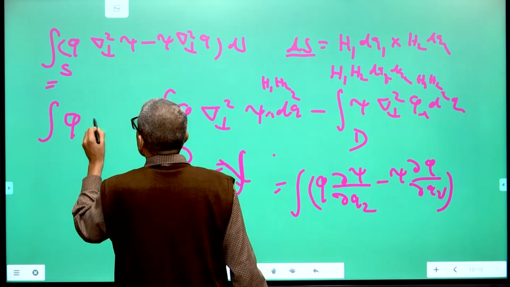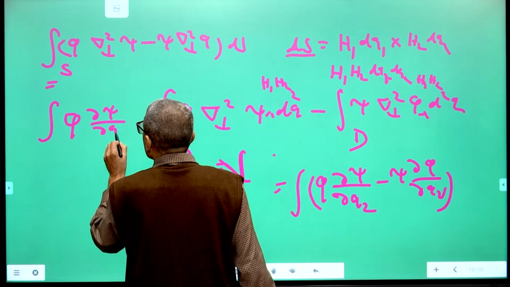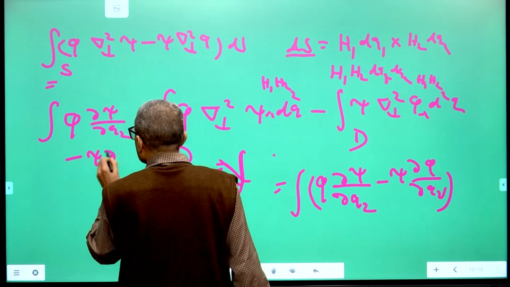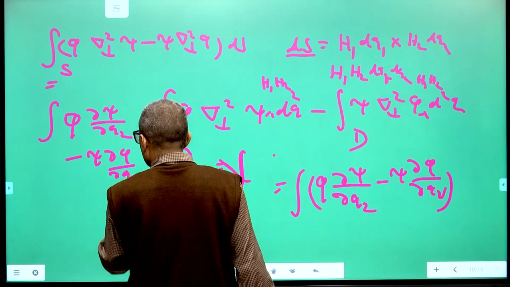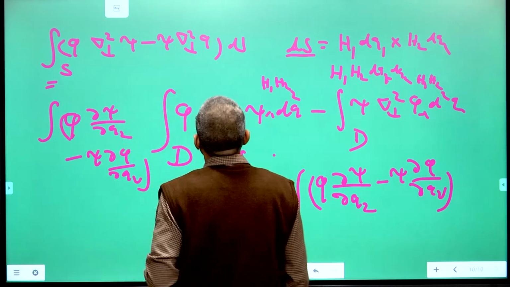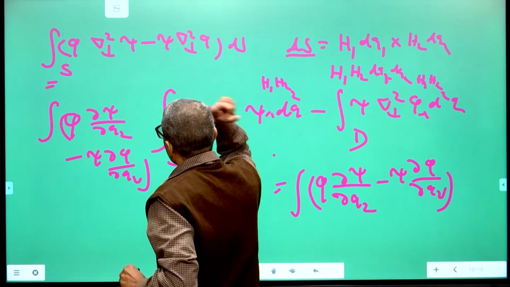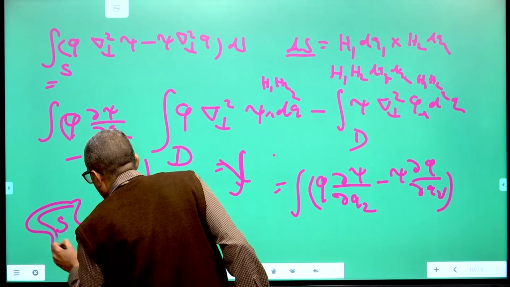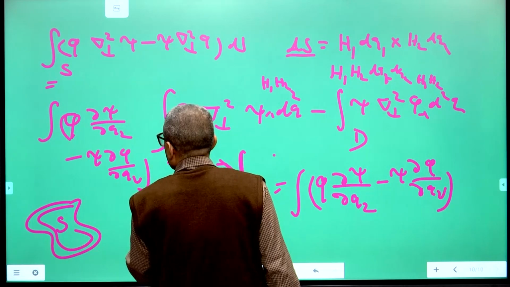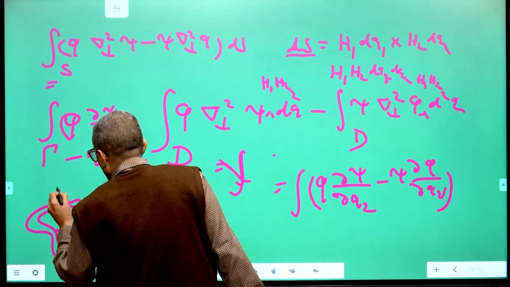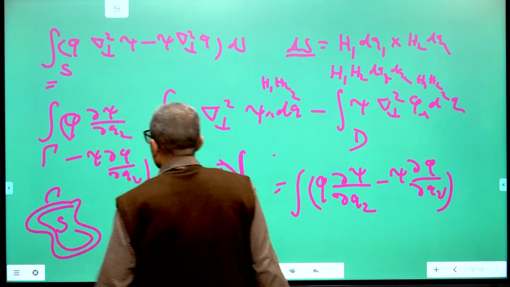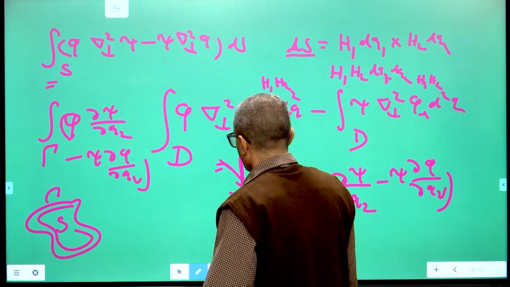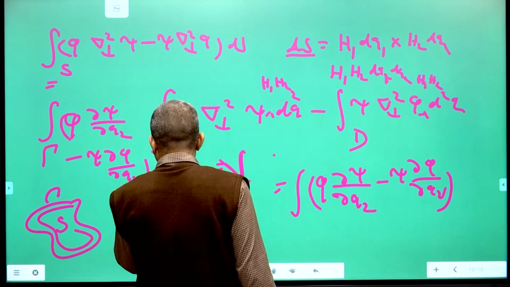This is phi times ∂psi/∂q2 minus psi times ∂phi/∂q2. This is not the boundary curve, this is the bounding surface, right? So this is the cross sectional surface S in the q1 q2 plane, and gamma is the shape of this boundary in the q1 q2 system.